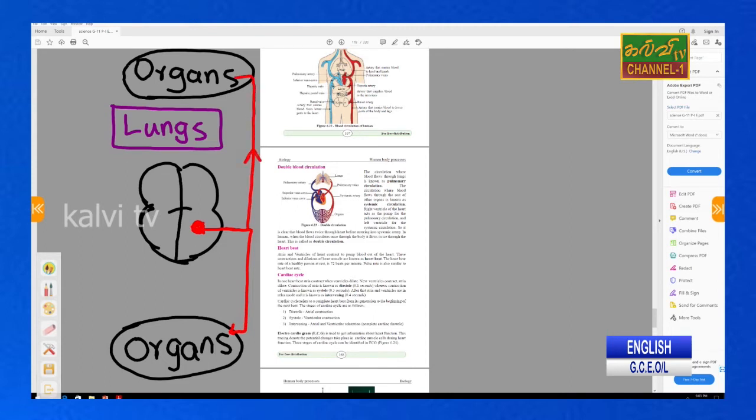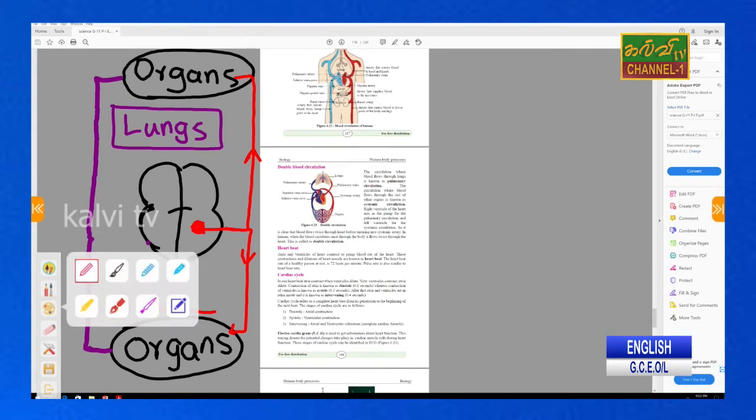Now the deoxygenated blood is carried to the heart by, we already studied, the inferior vena cava, and the superior vena cava also here. Sorry, I made a mistake here.